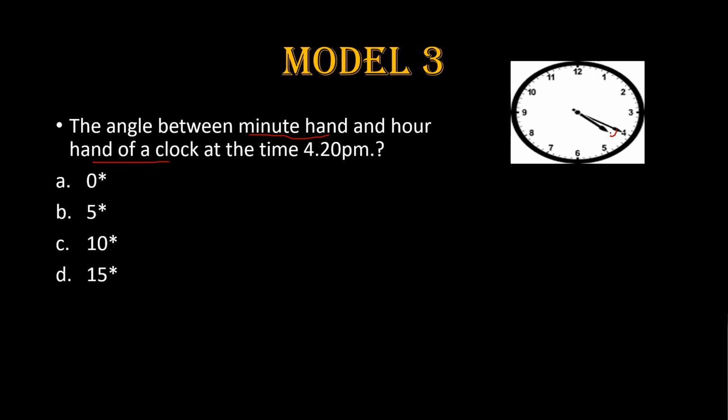So first we have to calculate for the hour hand from 12 to this, and next we have to calculate for the minute hand from this to this. So subtracting these two, you will get the degree between the two hands.